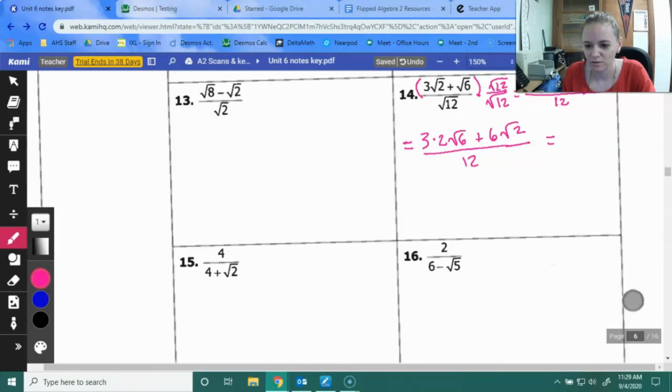So 3 times 2 becomes 6, and I have a denominator of 12, and I have a coefficient of each term that can reduce with 12. So 6 and 12 will reduce to 1/2, so you don't have to keep the 1, but we know that the denominator is going to be 2, and you can only do this if both reduce by the same factor. So these all divide by 6, so we're good.